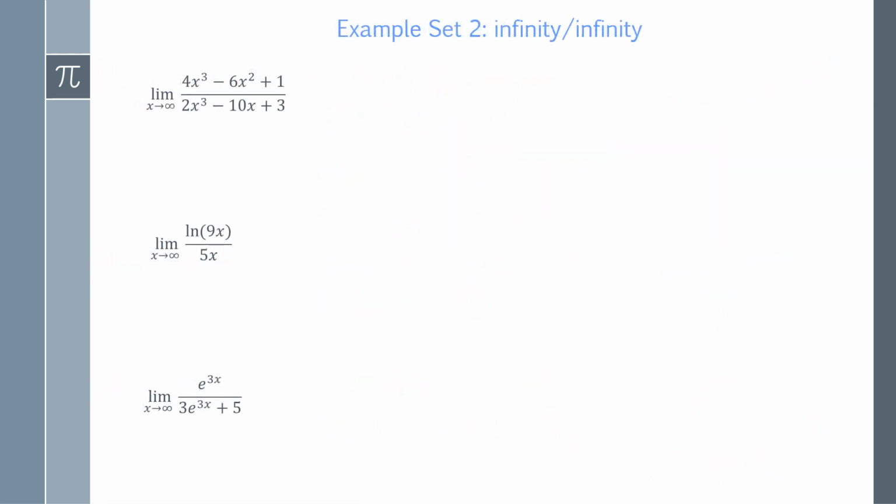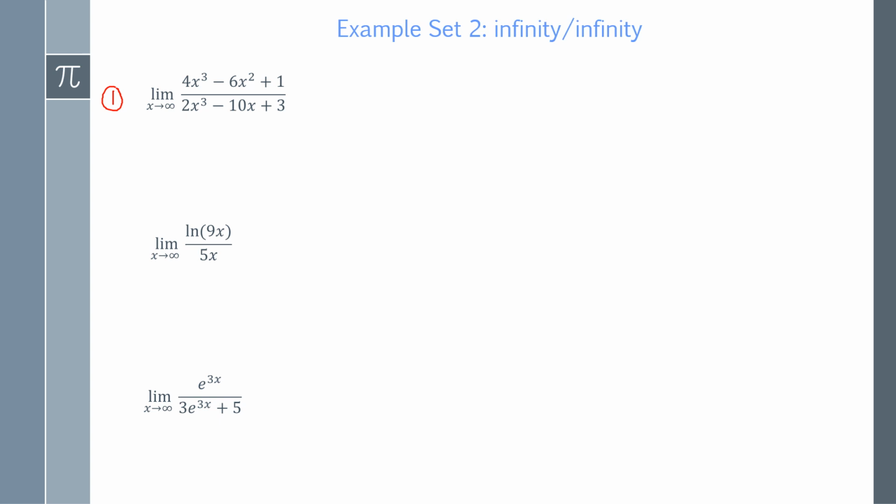Now let's take a look at the second set of problems, where we will be working with the second indeterminate form, infinity over infinity. Here is our first problem. We would like to compute the limit as x goes to infinity of the rational function 4x cubed minus 6x squared plus 1 over 2x cubed minus 10x plus 3.